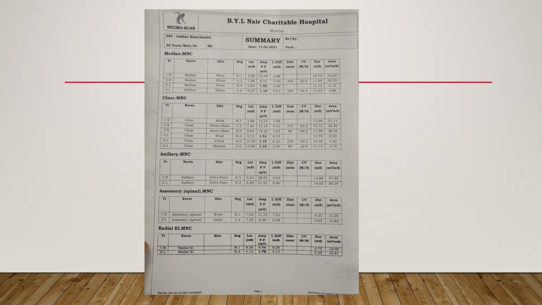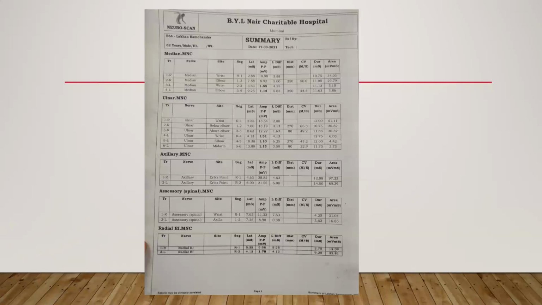And in the ulnar, on the right side it is normal latency, amplitude as well as velocity. But in the left ulnar at the wrist, the amplitude is again decreased, that is 1.5, and velocity and latencies are normal.